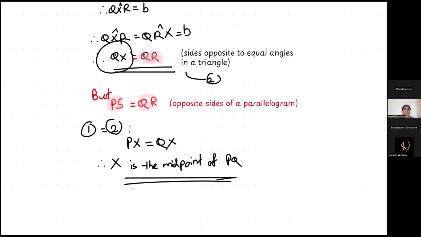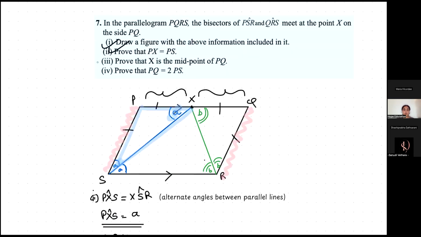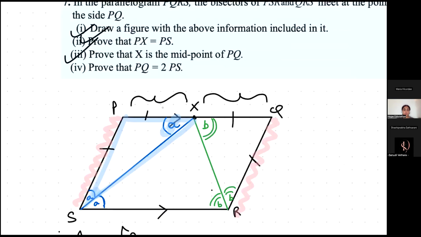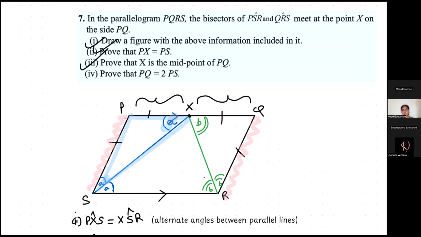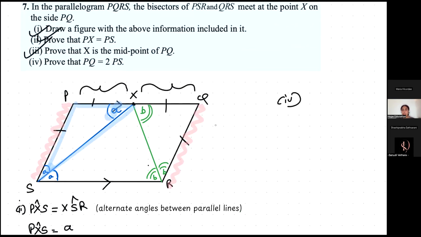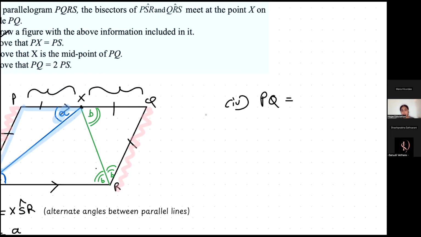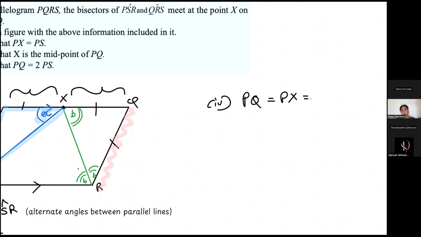Okay. Finally, prove that PQ equals 2PS. That's easy now. So we know PQ කියලා කියන්නේ PQ equals PX plus QX, right?